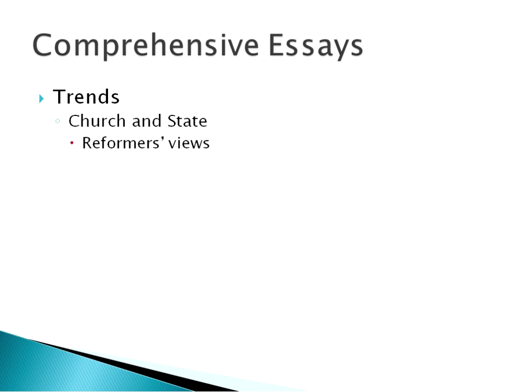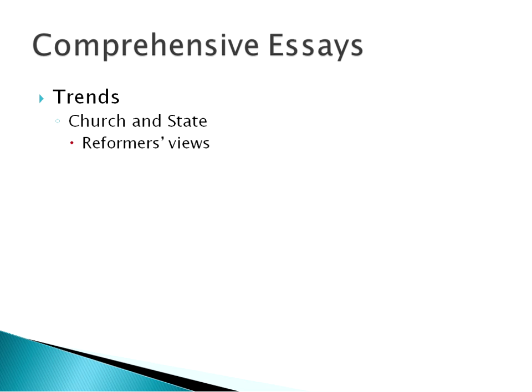So the first thing you would want to talk about in this essay would be the Reformers' views. What were the Reformers' views on church and state? So go back to that early section and look up the Anabaptists, Luther, Calvin, Zwingli. The more specific you can get, the better.